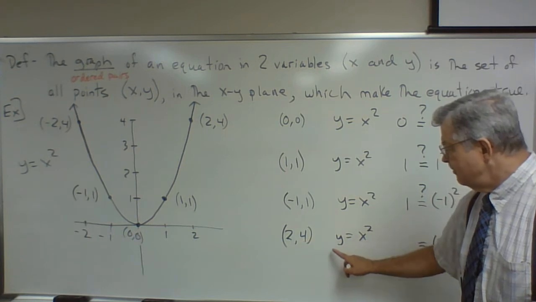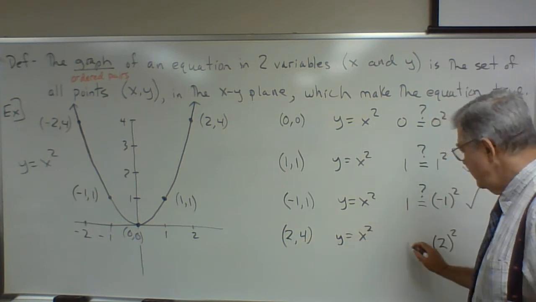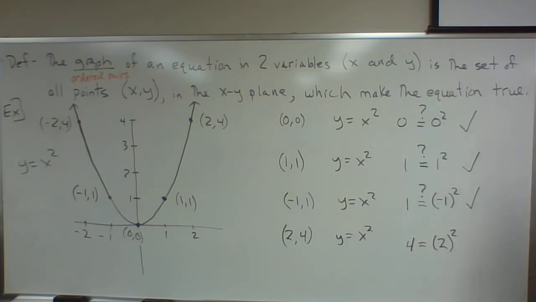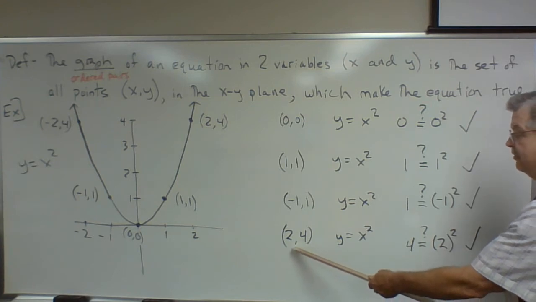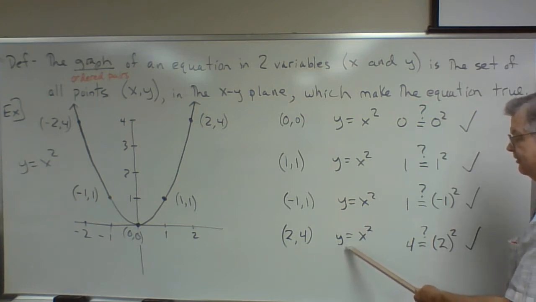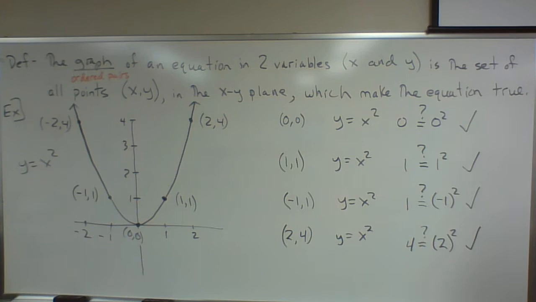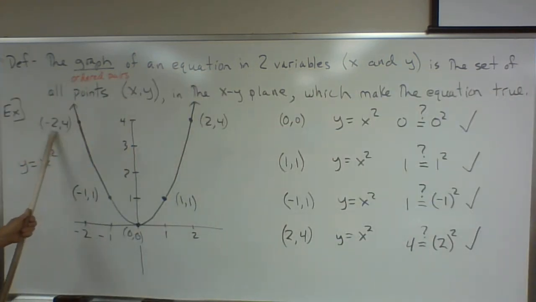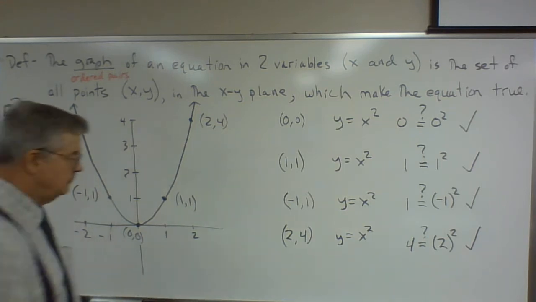Let me take 4 and substitute it in for y, so I'll have y equals 4. Is it true that 4 equals 2 squared? It sure is. So the ordered pair 2, 4 is a solution of y equals x squared. And as a last example, let's take this point. X equal -2, y equals +4.